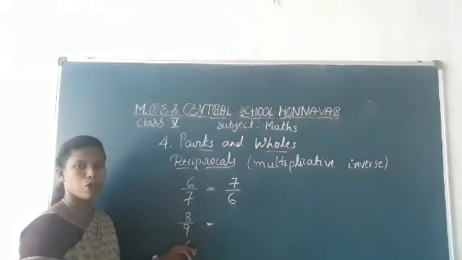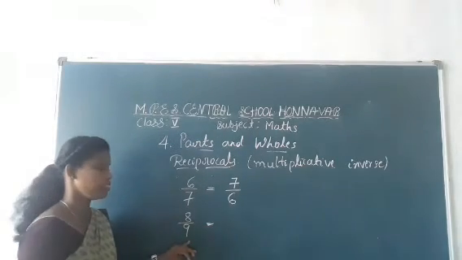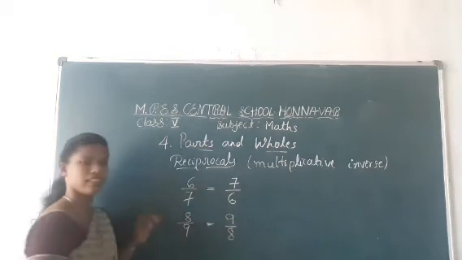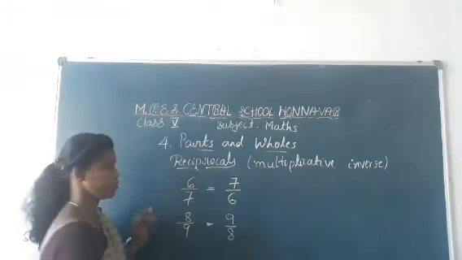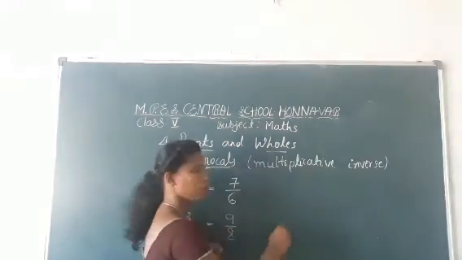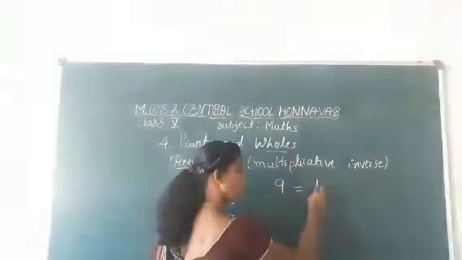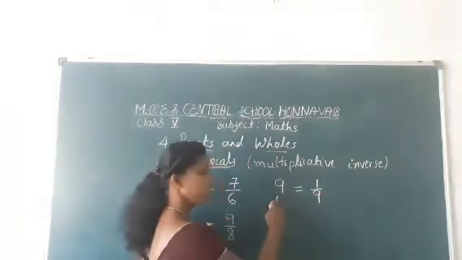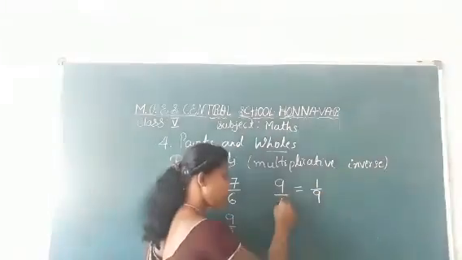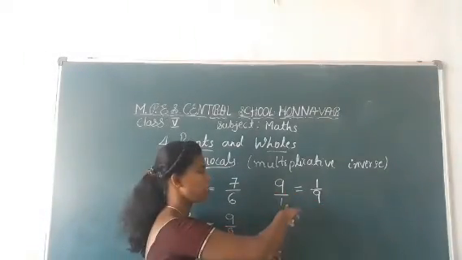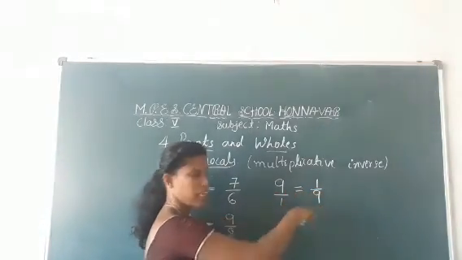The reciprocal of 8 by 9 is 9 by 8. Like this, we write the reciprocal of 9. Here 9 means 9 by 1. The reciprocal of 9 by 1 is 1 by 9.